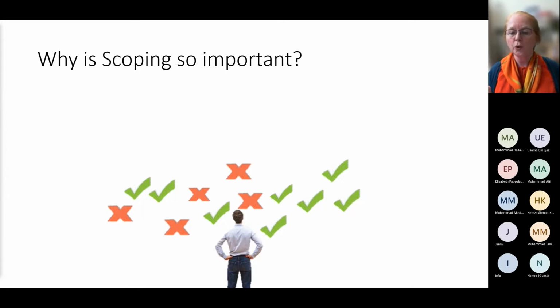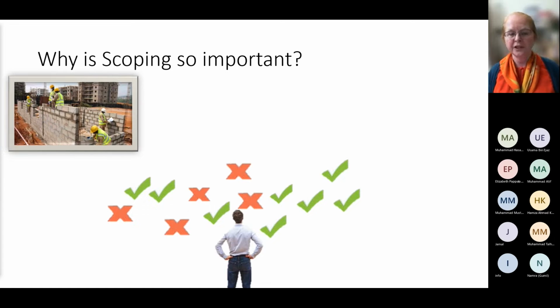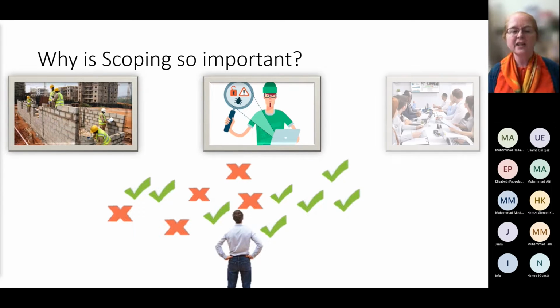Scoping is important because it underpins the building of the solution, the testing, and the training. So those three parts are obviously very, very important.